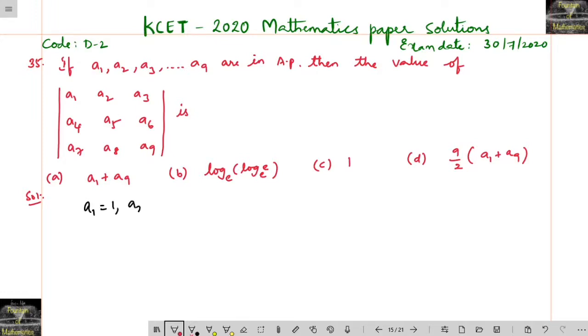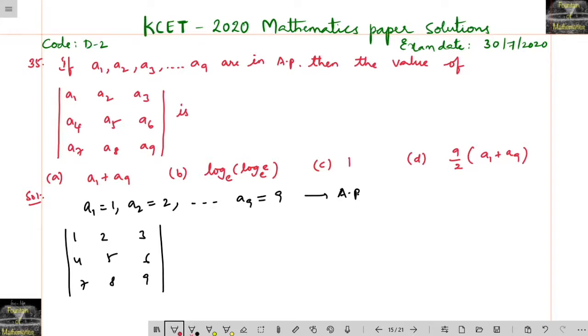A1 is equal to 1, A2 is equal to 2 and so on, A9 is equal to 9. They are in AP only, no? So let's consider this and verify it. So we can get 1, 2, 3, 4, 5, 6, 7, 8 and 9.